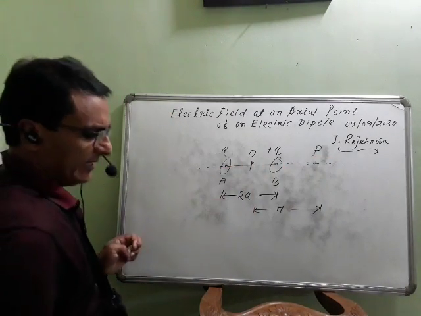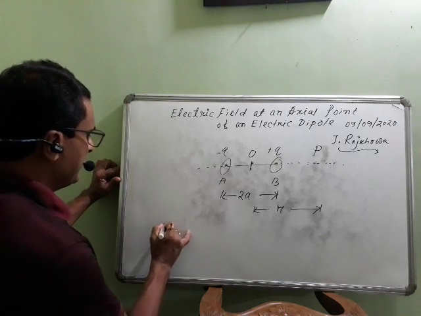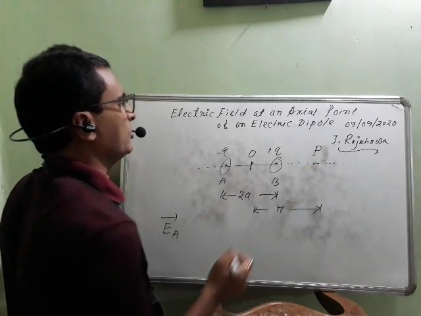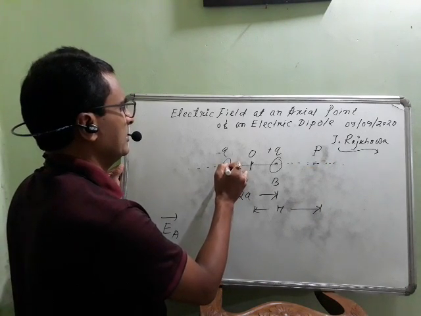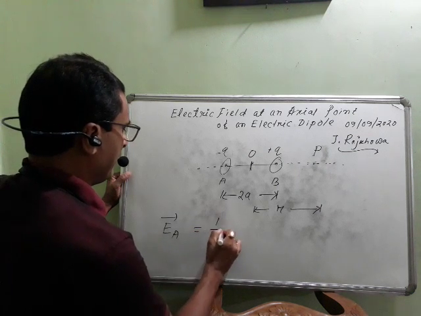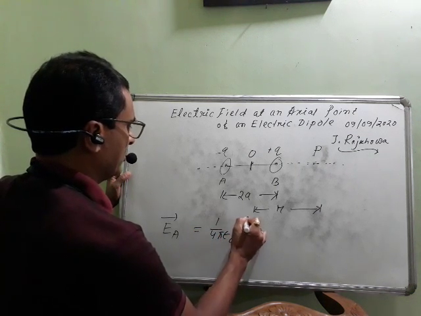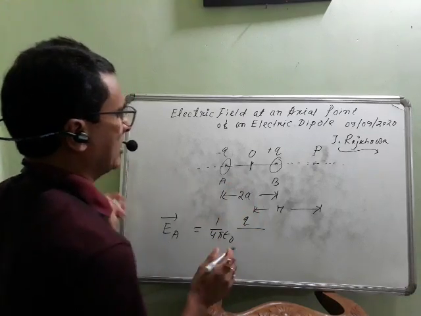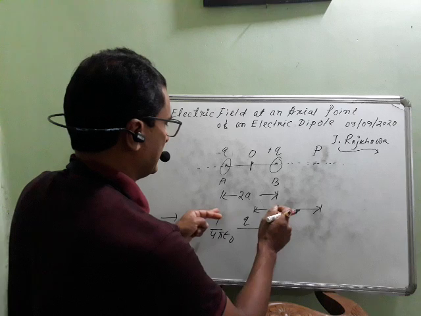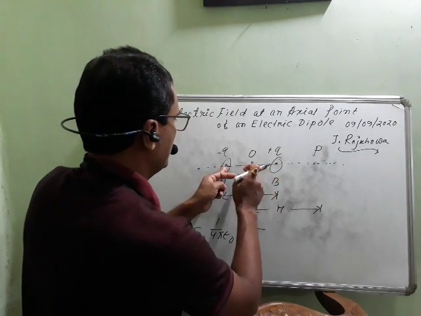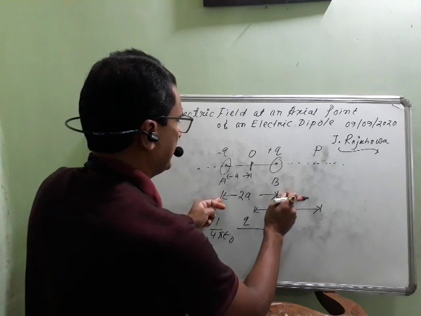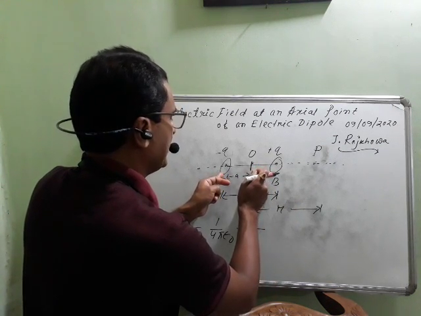Okay, so let us consider E_A to be the electric field at point P due to the charge minus Q at A. By Coulomb's law, this is equal to 1 by 4 pi epsilon naught, q by r square. Here r square means the distance between this charge and the point P. So what is this distance? From here to here, this distance is a, because the dipole length is 2a, so half of the dipole length is a.